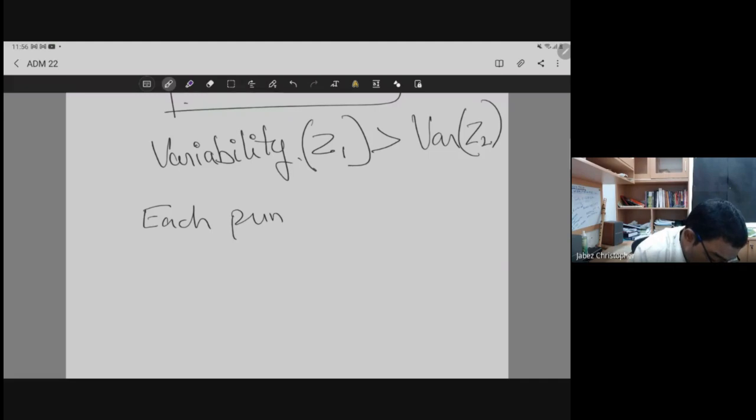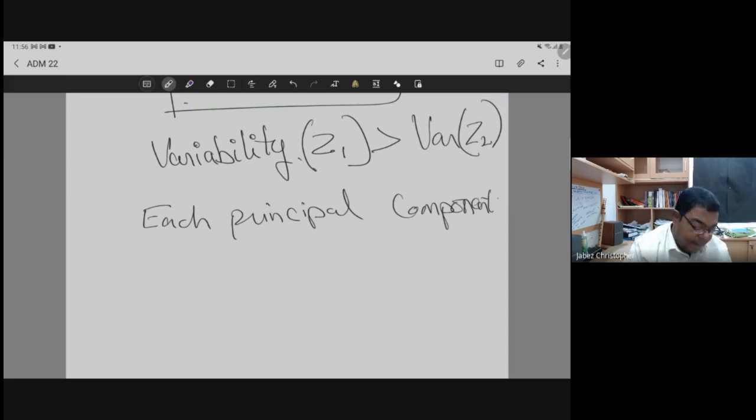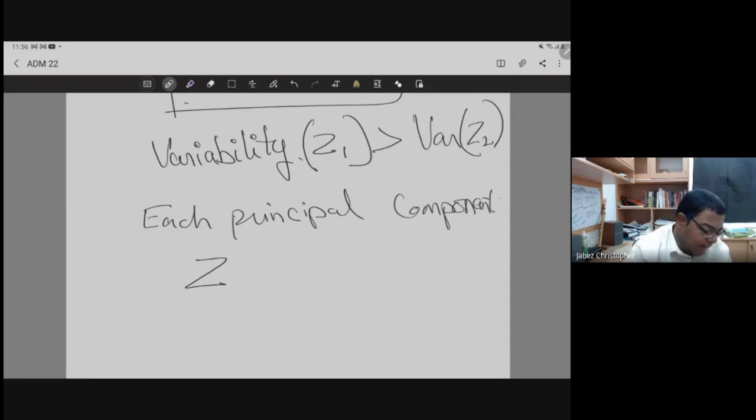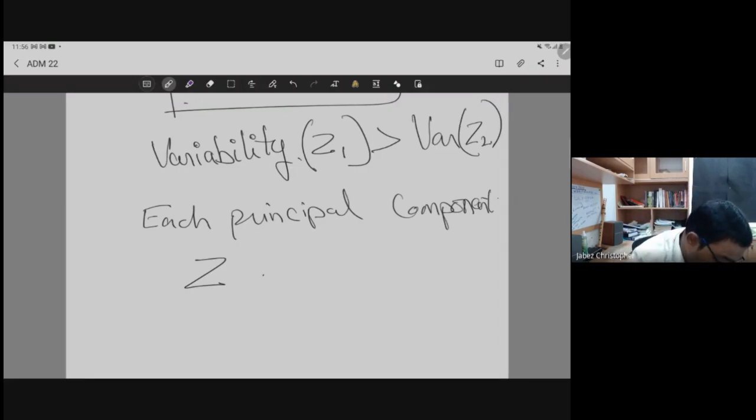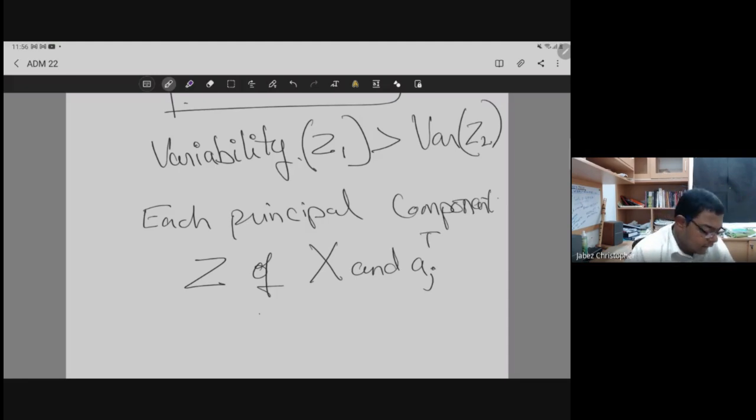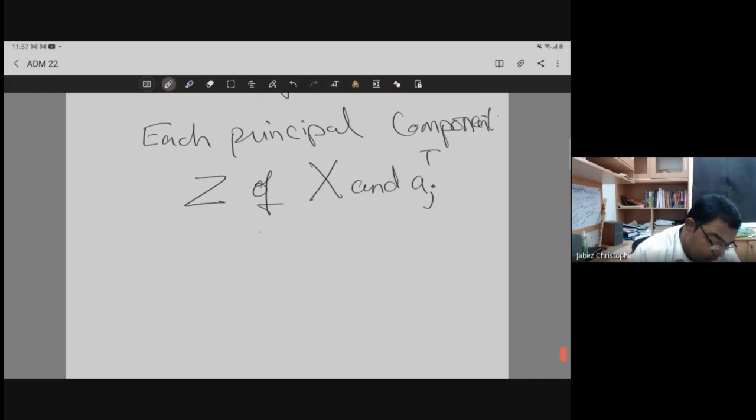Each principal component, Z, that is my transform, Z1, Z2, Z3, and so on, is a combination of X and some associated transform. So, what is the condition?